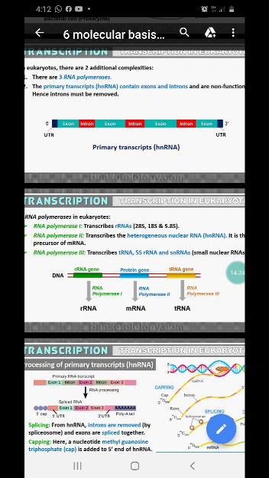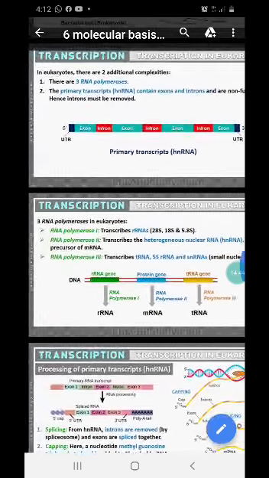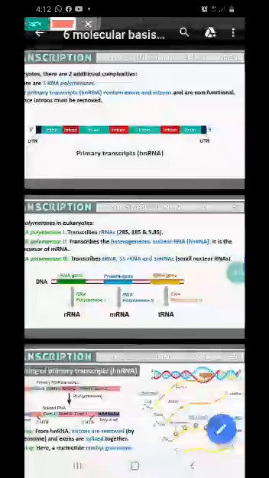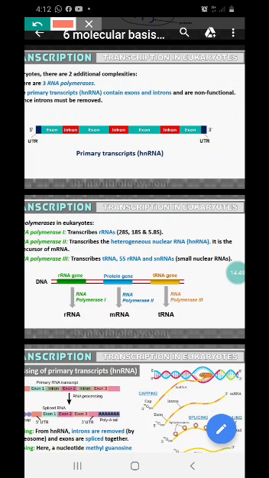It has to undergo some additions to become a processed mRNA, right? The RNA formed from the DNA is called hnRNA. What is hnRNA, children? It is heterogeneous nuclear RNA, which has to undergo 3 processes to become an mRNA.